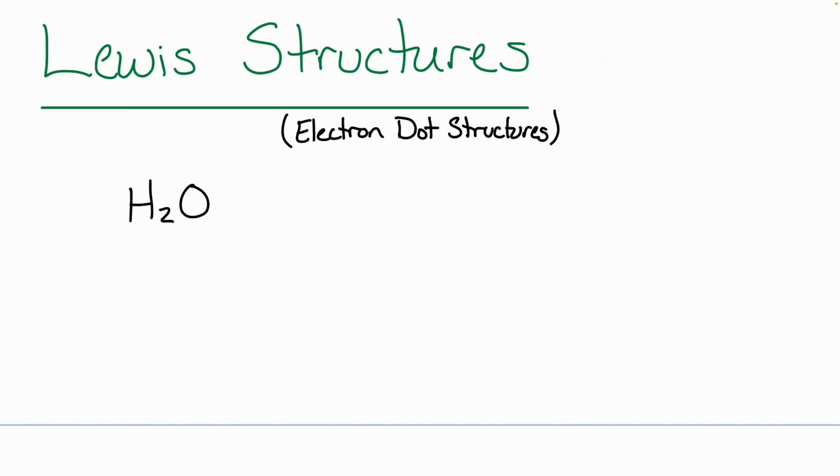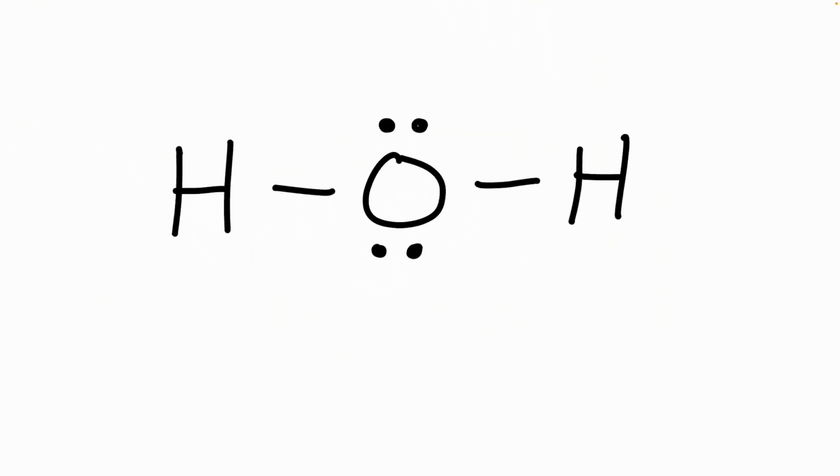Okay, the Lewis structure of water looks something like this, and we're going to pick apart exactly what this structure means. This is going to be our example structure here. You have your oxygen in the middle and two lines, one connecting each hydrogen.